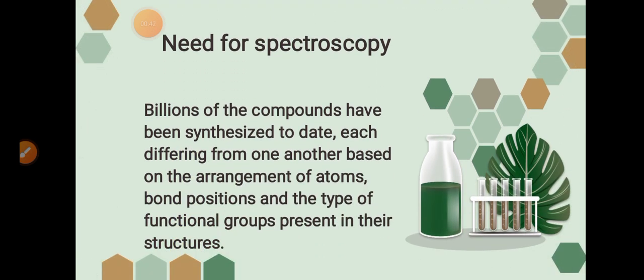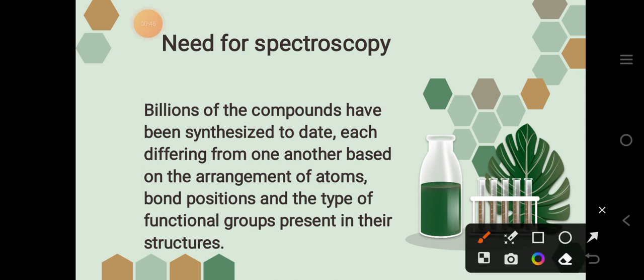First of all, we need to understand why there is a need for spectroscopy. Because millions of compounds have been synthesized to date. So we have so many compounds, and each one has a different arrangement of atoms and bond positions.